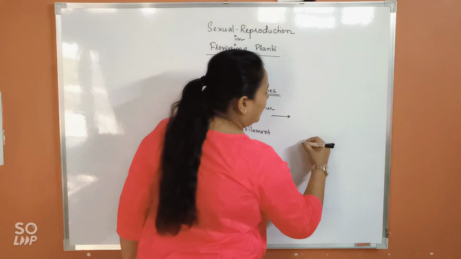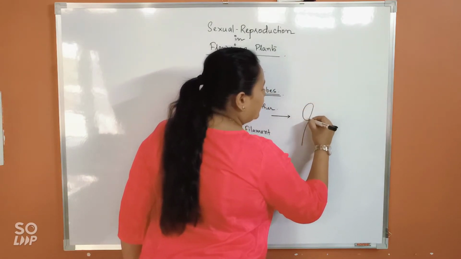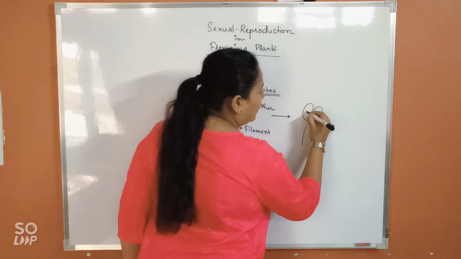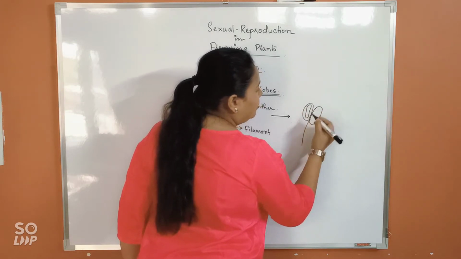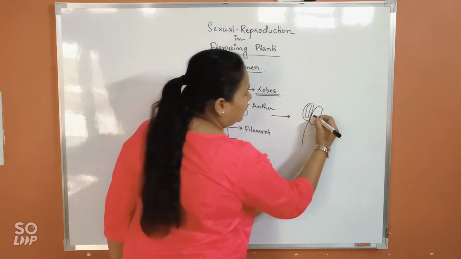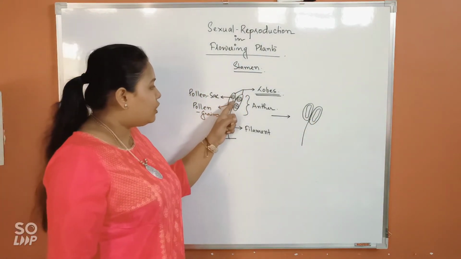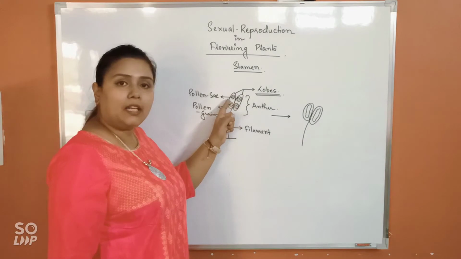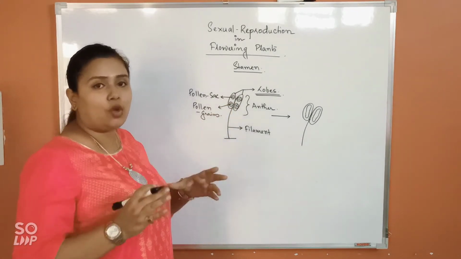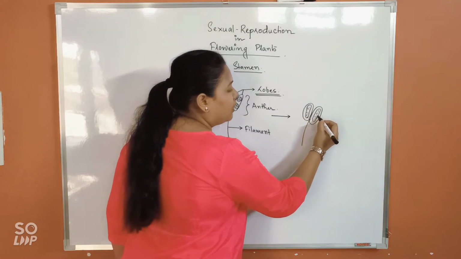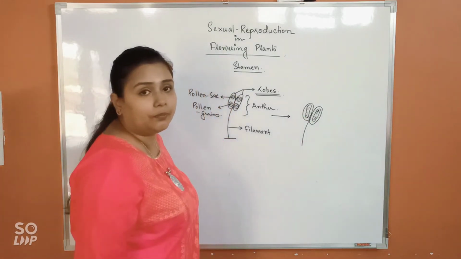See what basically would happen is that once the anther is fully developed, the partition wall between the two pollen sacs would dissolve. This sterile partition between the two chambers will dissolve, giving rise to a single chamber in each lobe.